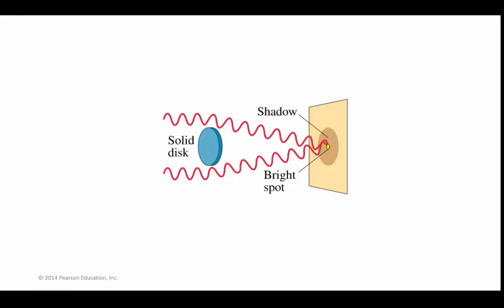The results of the experiments that went with the situation shown here, where you have a solid disk with light being dispersed and bent around the edges of it, seemed to confirm that light was a particle, because this bright spot that appears in the center of the shadow was not present when the experiment was first performed.